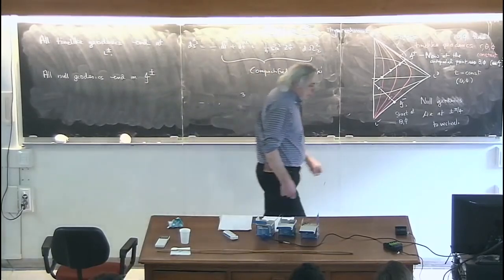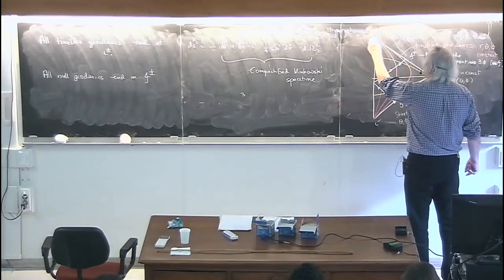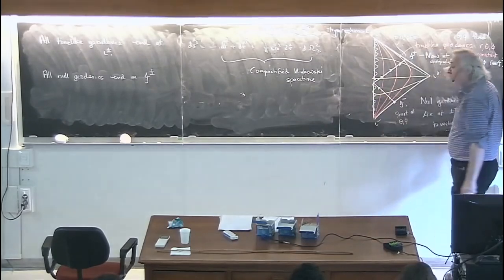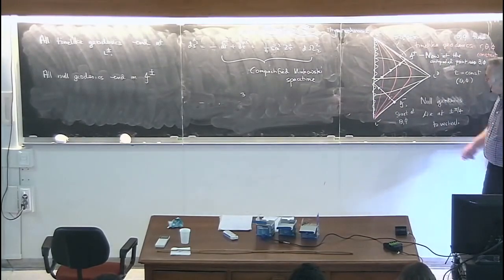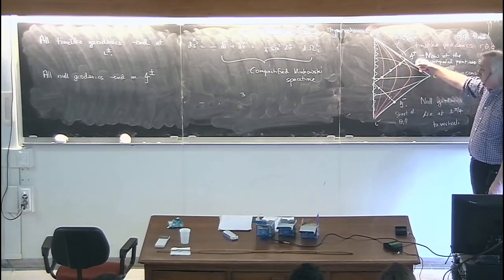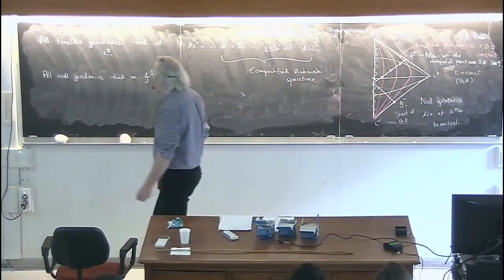So if you're watching some kind of interesting process in a space-time, then something interesting could be happening here. But if all you're doing is watching it, then effectively what you've got to do is to construct a map between scri minus and scri plus. So all scattering processes are like that.